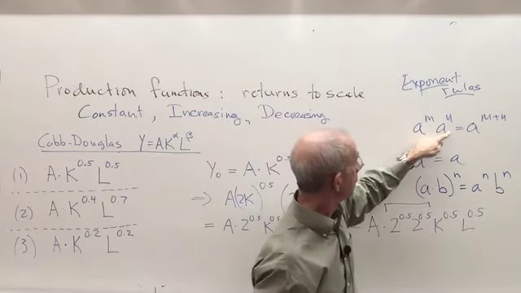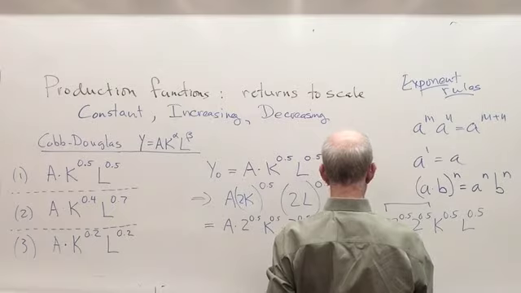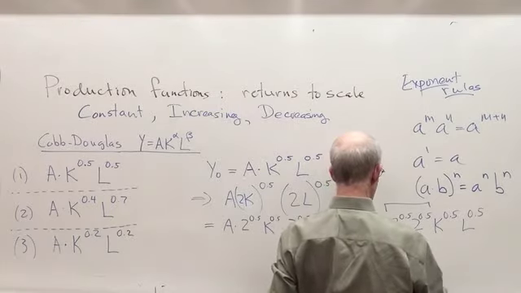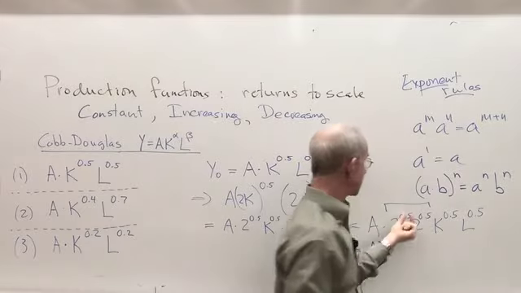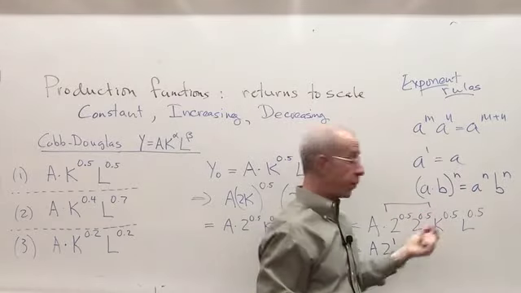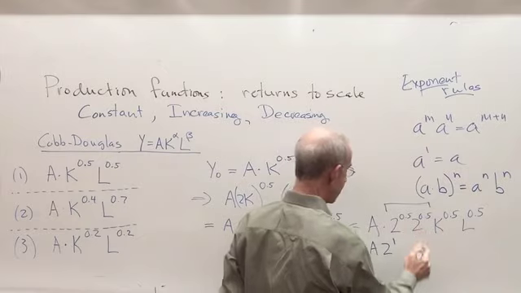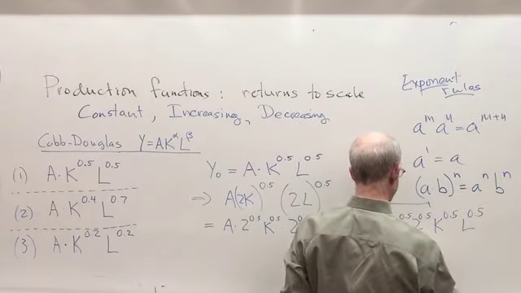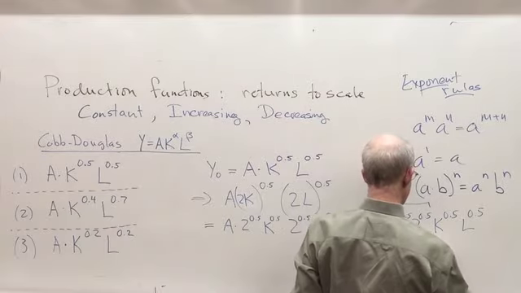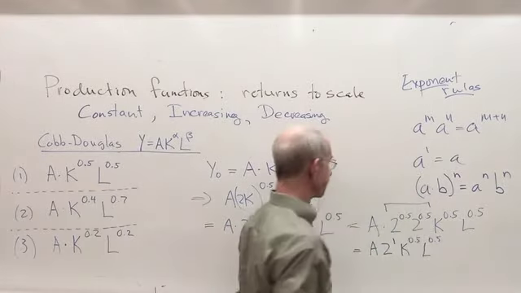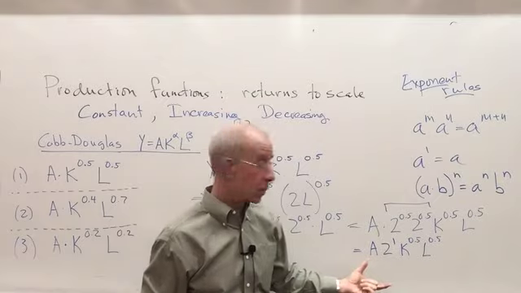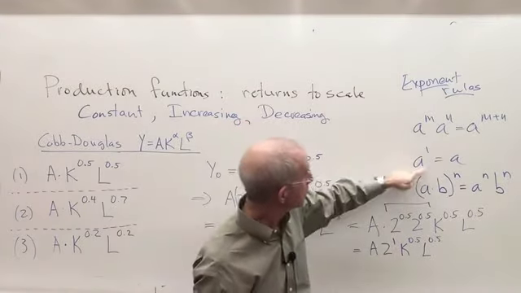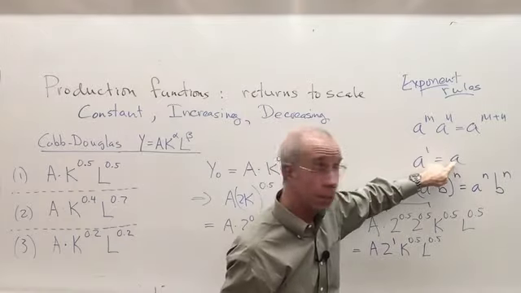So you then have A times 2 to the power 0.5 plus 0.5, K to the 0.5, L to the 0.5. So what are we left with? A times 2 to the first, which is equal to the base.